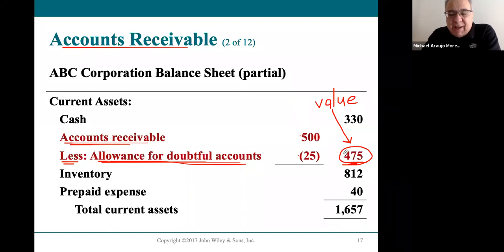That is the difference between the receivables on their books minus what they have allowed for bad debt for that year. So that's the value. This is also called the net realizable value. You're going to learn that term as well here.